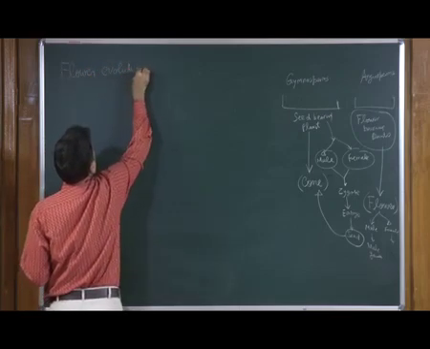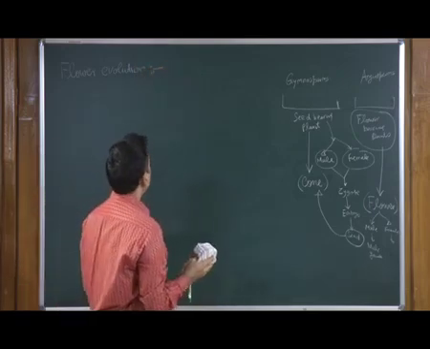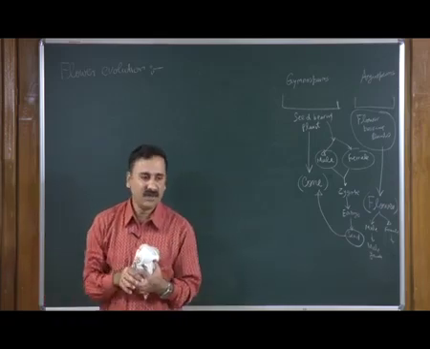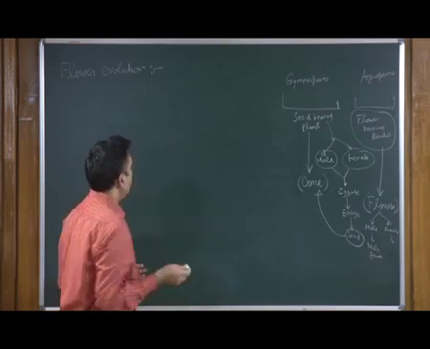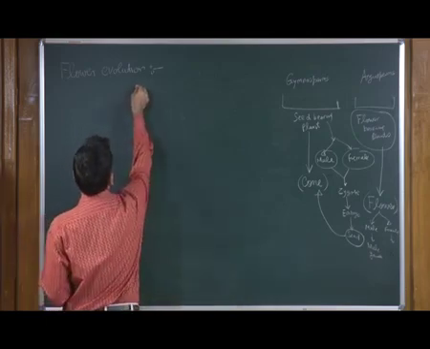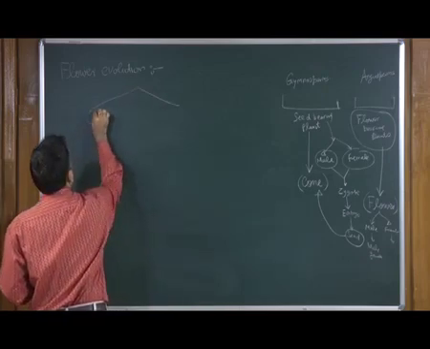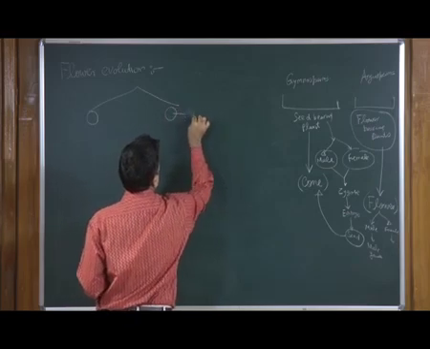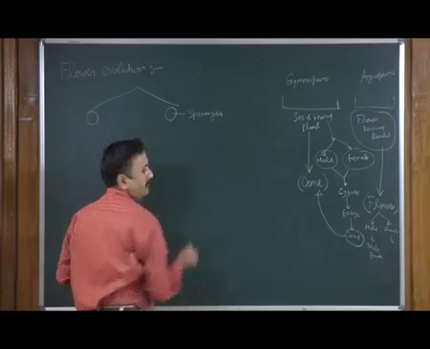So, this is just a hypothetical scheme which has never been proved by experimental mechanisms. In this hypothetical scheme, people have proposed that earlier, the sporangia were present on the leaves themselves.